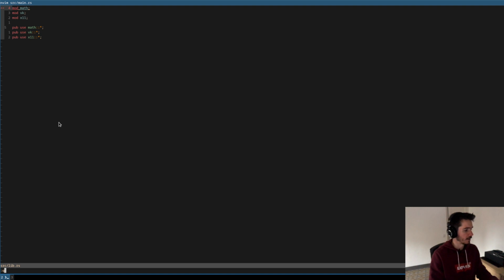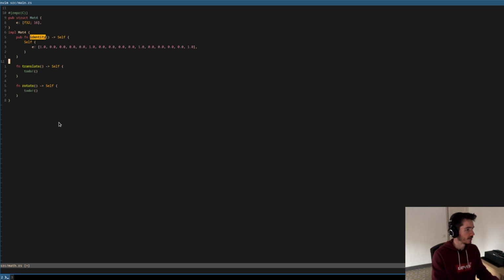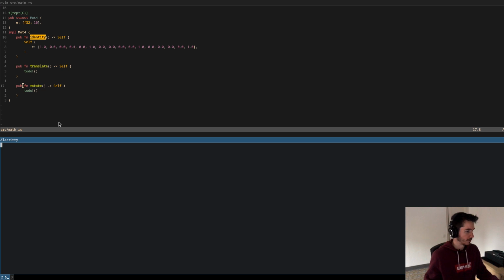Now we can add a new Rust source file and paste in this. And I will need to make these functions public. Let's make sure that we are still able to compile this.